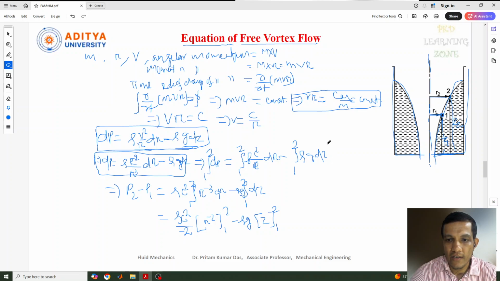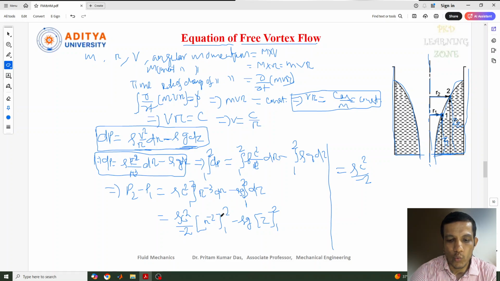Now one more line let me write here. Again I can write rho C square by minus 2. This is only integration we need to do here, and here we'll put the upper limit and lower limit values. So what will we get here?